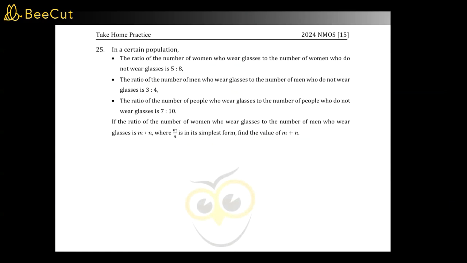Now let's move on to question 25. So we check those who are wearing glasses to those who are not wearing glasses.